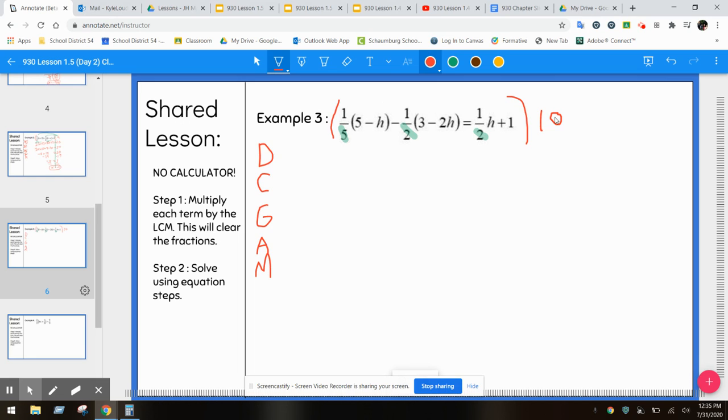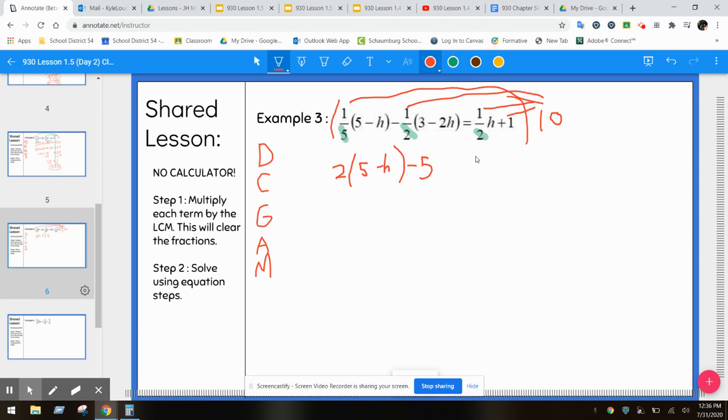Multiply by 10, so 10 times 1/5 is 2. Again, remember, when you distribute, you only distribute to what is outside of the parentheses. So I got 4 things I'm distributing to. 5 minus h stays the same. -1/2 times 10, -5.